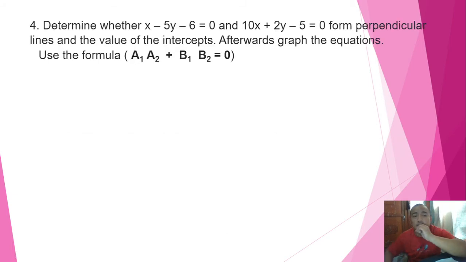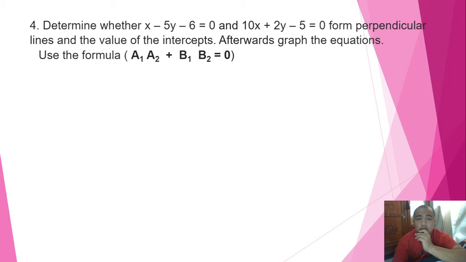This time, let us determine whether x minus 5y minus 6 equals 0 and 10x plus 2y minus 5 equals 0 form perpendicular lines and the value of the intercepts. Afterwards, graph the equations.